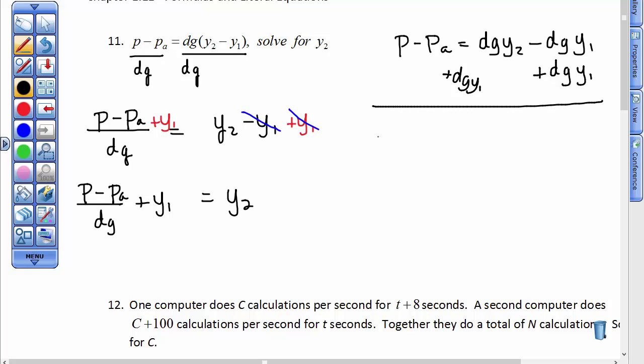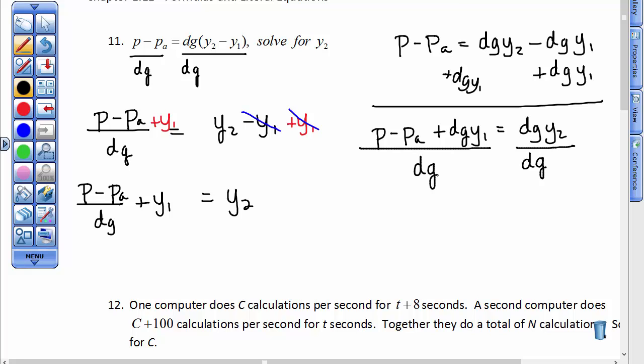So on the left, I'll have the first p minus p sub a plus the dg y sub 1. And on the right side, I'll have dg y sub 2. Again, trying to get y sub 2 alone, so I'm going to divide both sides by d times g, and I'll divide all of this by d times g. That's a good answer as well.